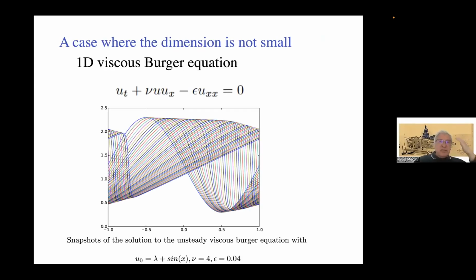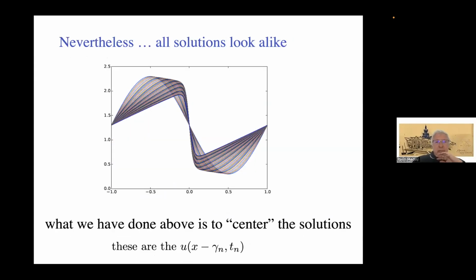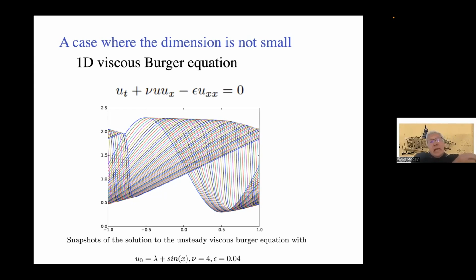For instance, typically when you have a very small viscosity in a viscous Burgers equation, the solution that is represented here at different time steps, you see from a very regular sine wave will evolve like almost a step function that a priori has a very large Kolmogorov N-width.